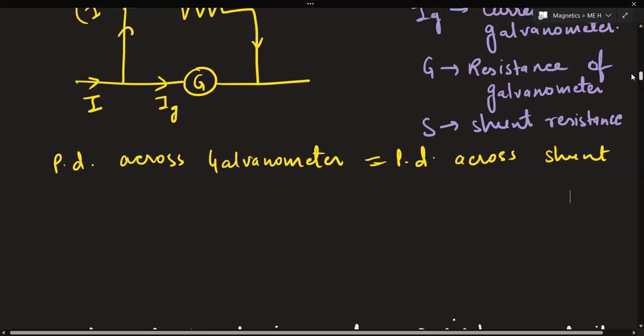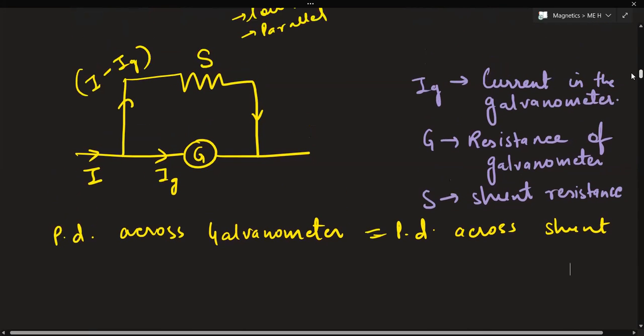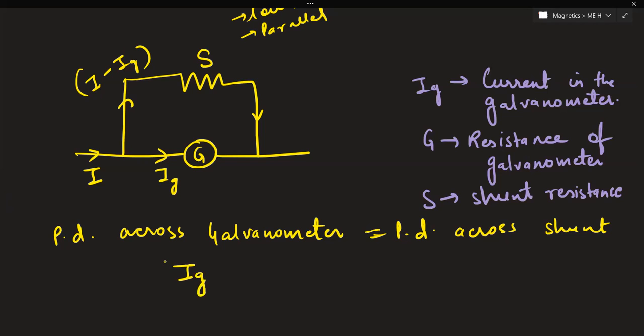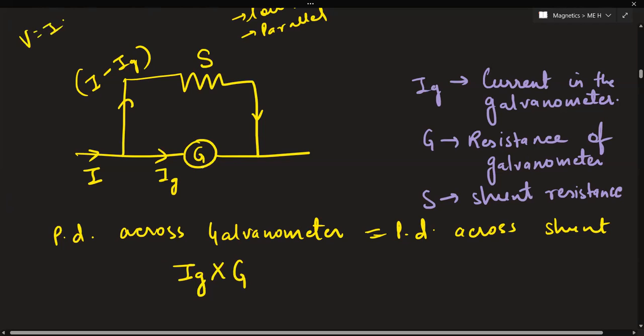So here potential across the shunt as well as the galvanometer will be the same. So current across the galvanometer is IG. Resistance is G. So potential will be, by Ohm's law, V is equal to IR. So potential across the galvanometer will be IG into G.